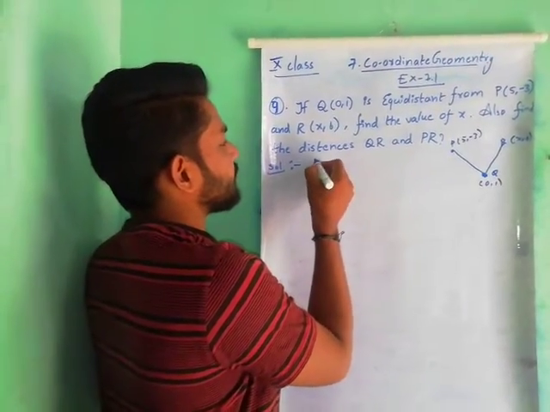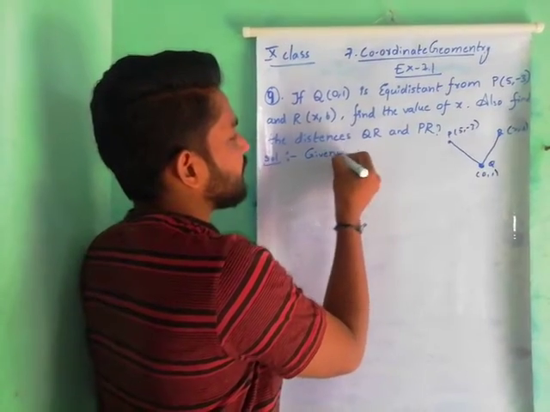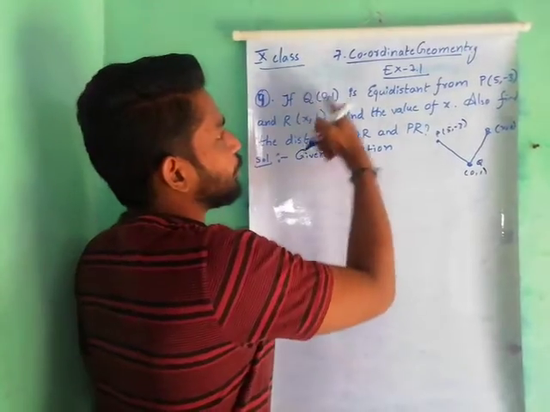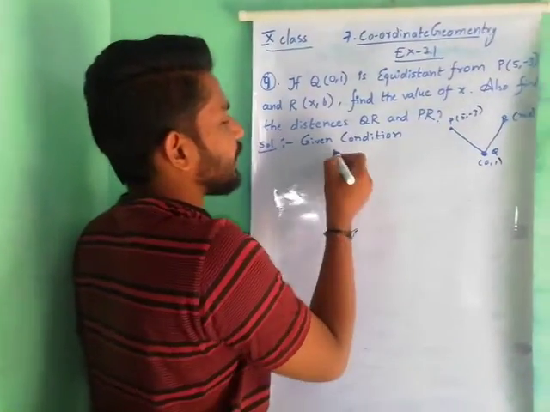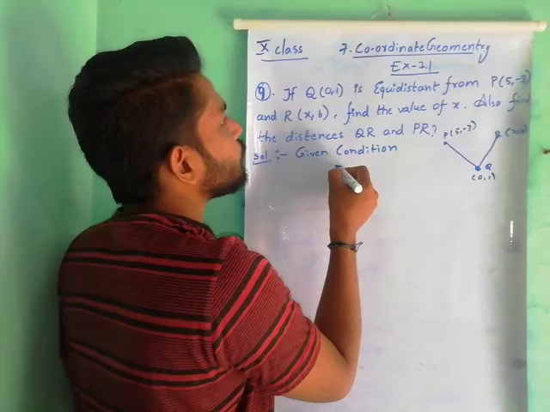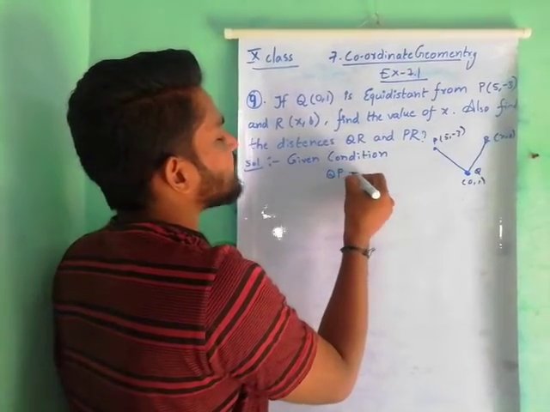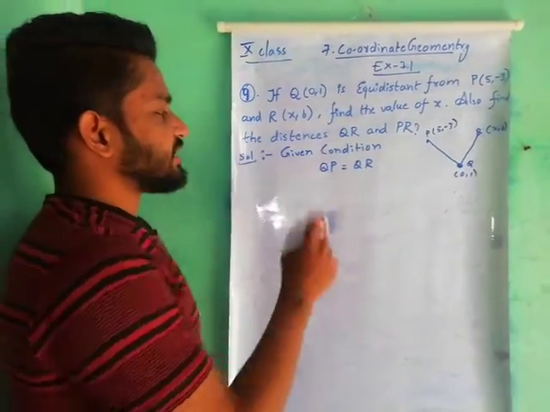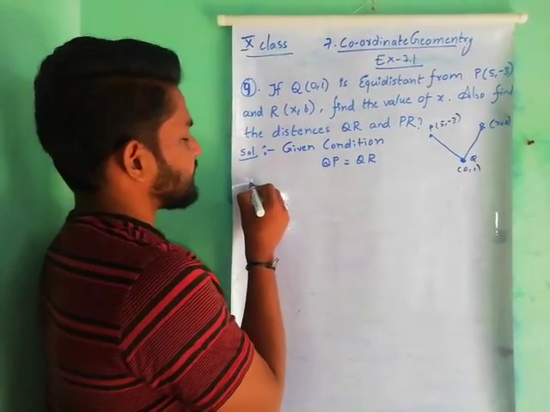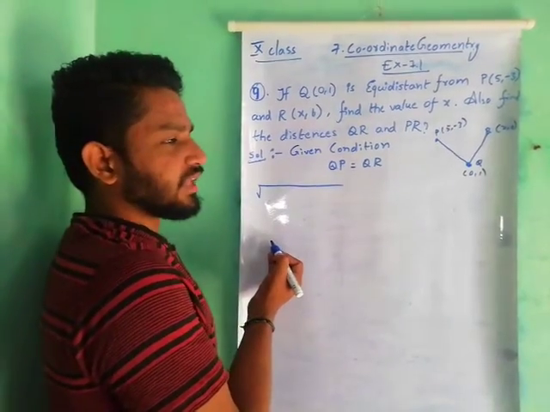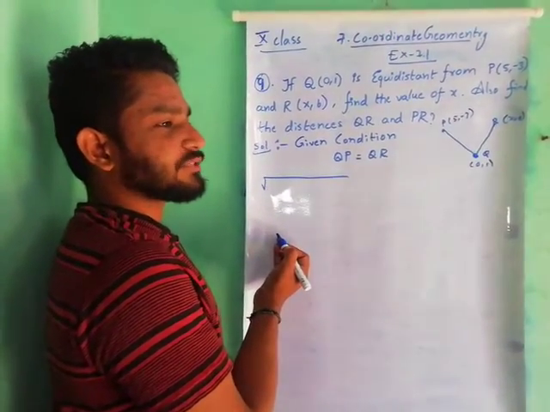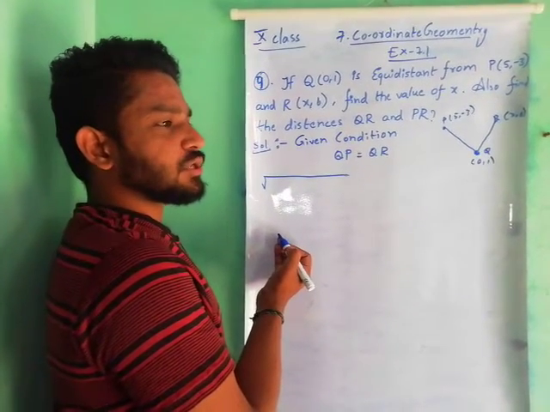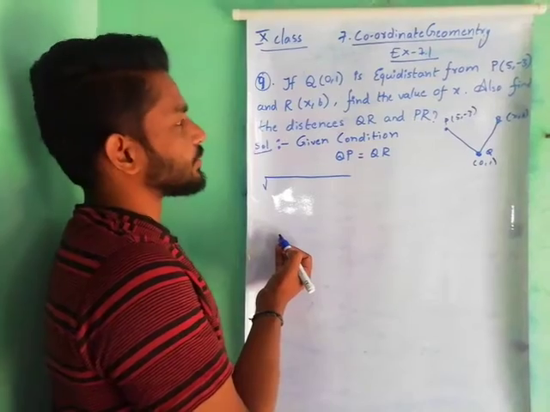So, given the condition, Q is at equal distance from P and R, so QP is equal to QR. The distance between 2 points is given by the square root of the x coordinate difference whole square plus the y coordinate difference whole square, simply (x1 - x2) whole square plus (y1 - y2) whole square.